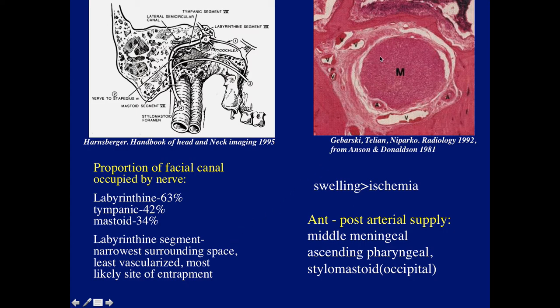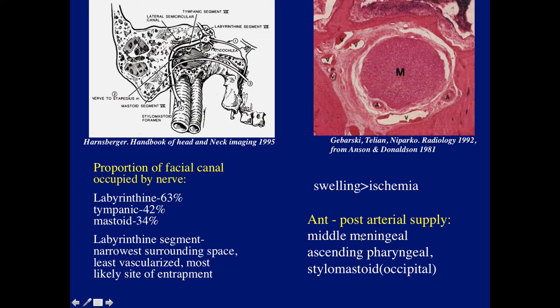We can see in this diagram and this histologic picture, here's the nerve within the facial canal. There's a rich vascular complex around it. However, in the labyrinthine portion, this would be quite small, and it makes the labyrinthine segment of the nerve susceptible to injury, inflammation, or trauma.